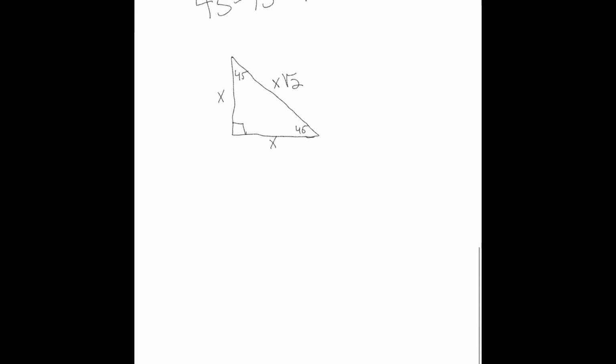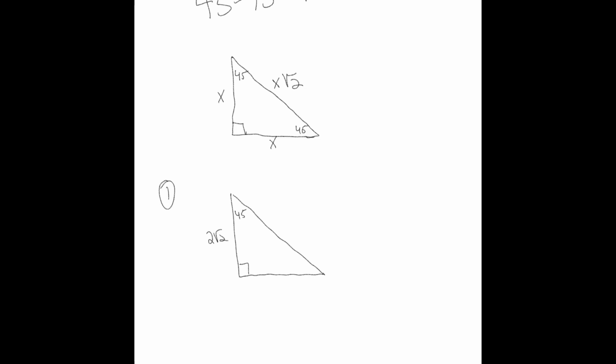So let's look at a couple. Let's say that you have 45, 45, 90, and the side length is 2 root 2. Find the other two sides.